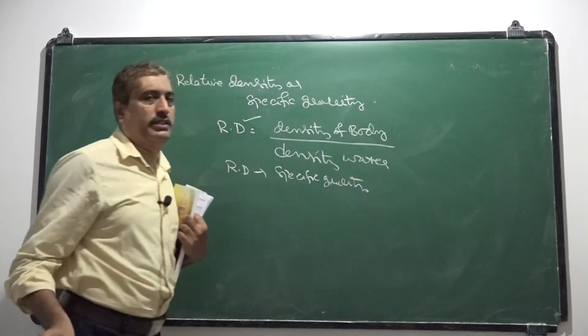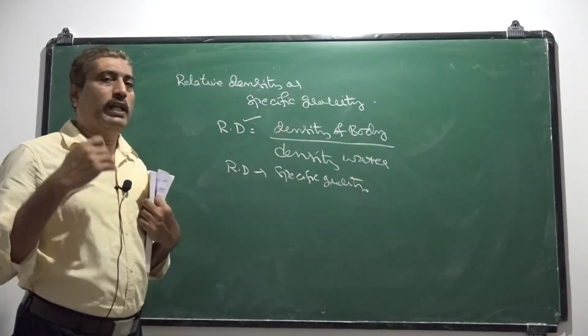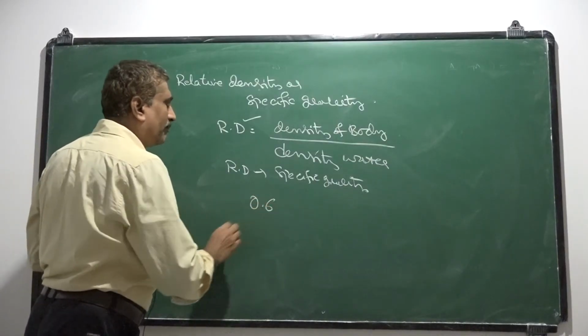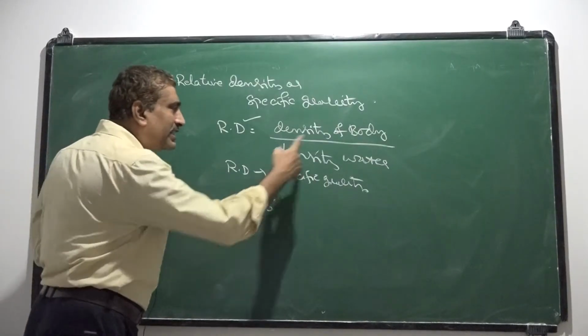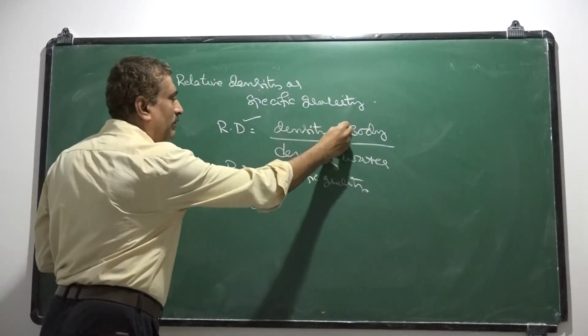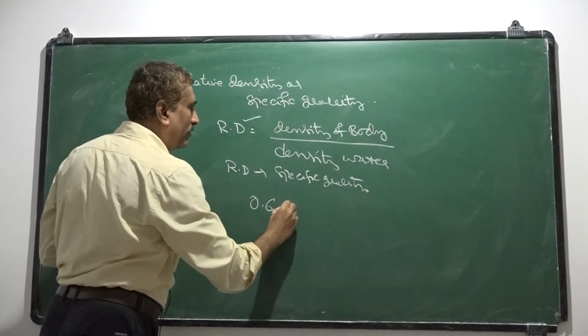It has no units. Suppose in a problem the relative density is given as 0.6, then you can calculate the density of that particular body from this relation. Density of the body is equal to relative density into density of water.